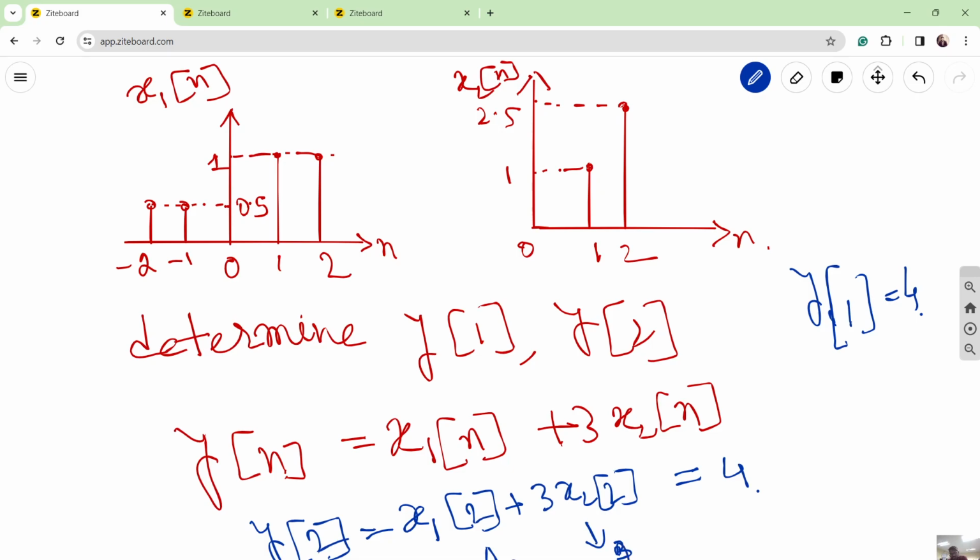So this is 2.5 into 3. So this is 7.5. So y of 2 is equal to 8.5.